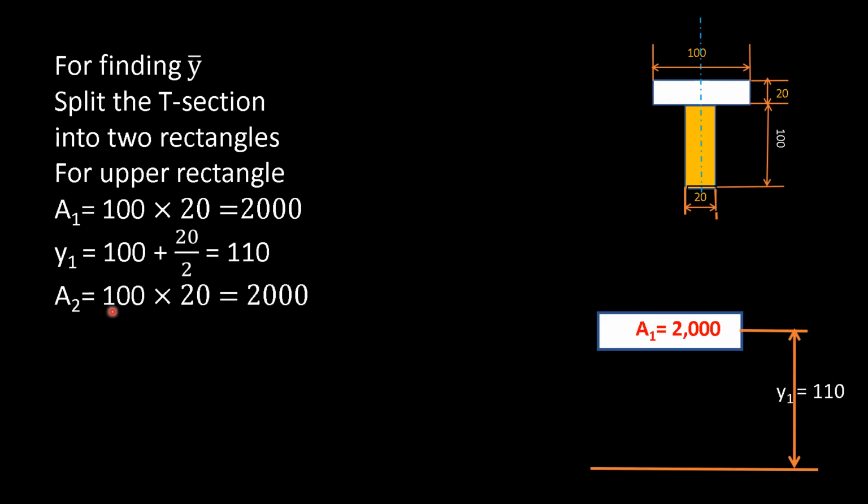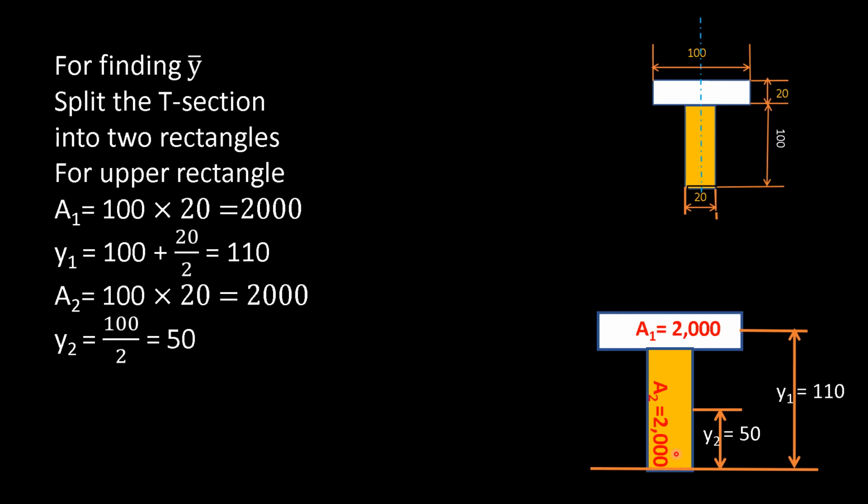A2 equals 100 multiplied by 20, which is 2000. Y2 equals 100 divided by 2, which is 50.